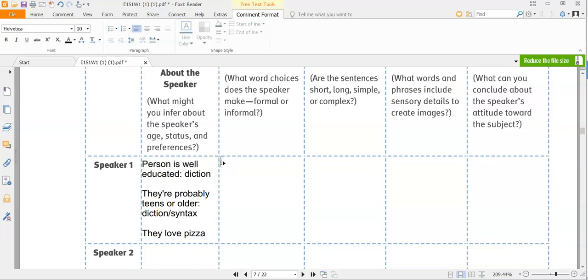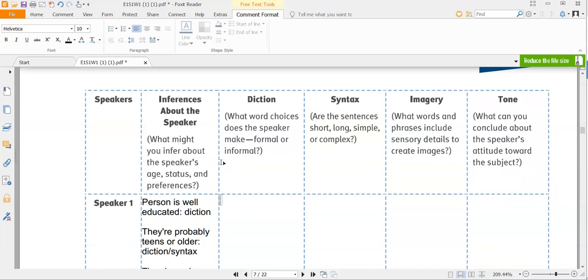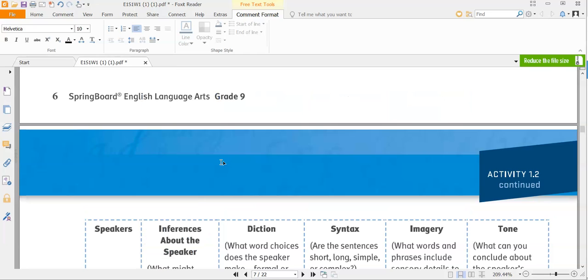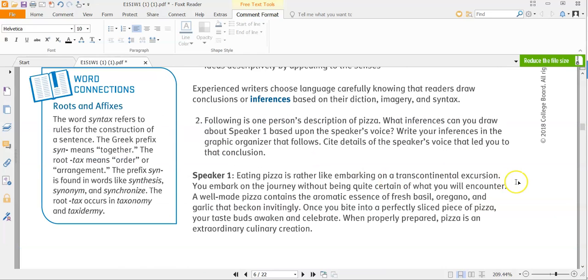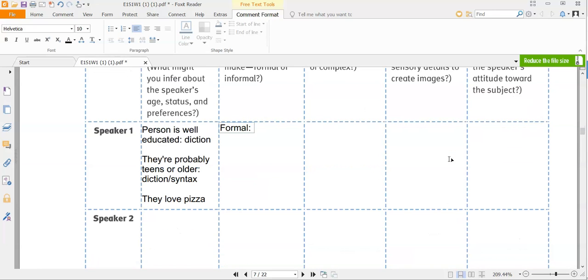So then, for diction, it says, what word choices, that means the specific word choices, does the speaker make, formal or informal? I'm going to say formal, and then I'm going to give a few examples. So they said, embarking on a transcontinental excursion.